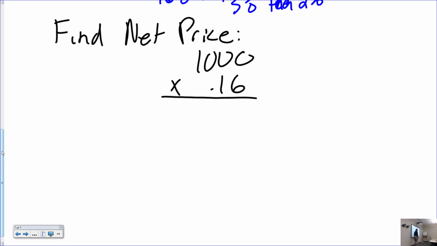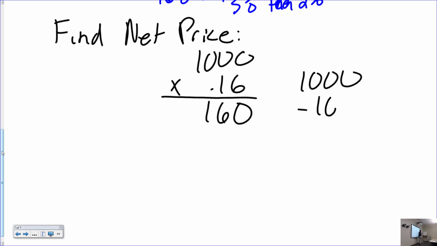What's 1,000 times 0.16? 160. What do I do with that 160? Take it off the 1,000. I'm down to 840. I know, we'll get there. Yes, you can multiply by 0.84. We will do that next.